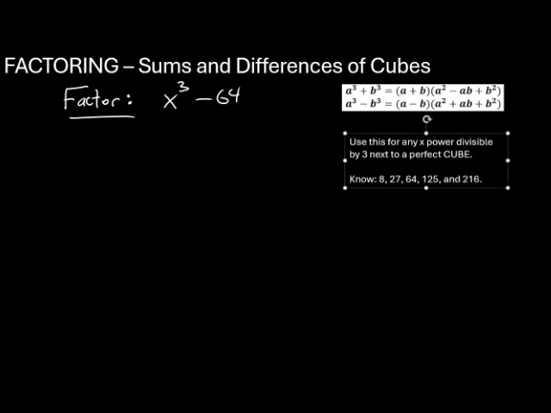Notice in the formula that we have here in the upper right, we've written it in the form a to the third power plus b to the third power and a to the third power minus b to the third power. There are two different formulas, and that's going to be based on the sign in the middle. We want to pick a formula that matches the sign in the middle.